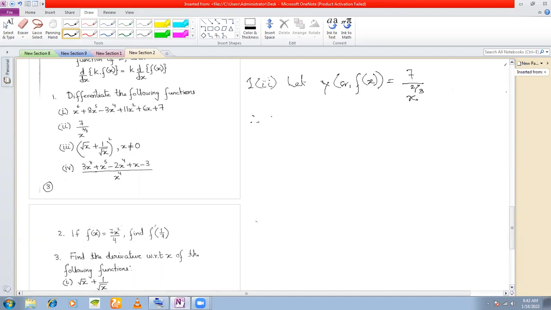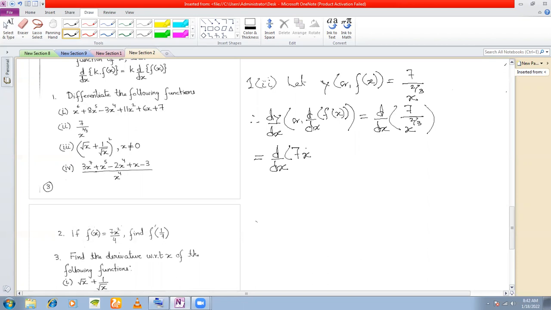Okay, so therefore dy/dx or d/dx f(x) is written as d/dx of the given function 7 by x to the power of 2/3. Which now can be written as d/dx of 7x to the power of minus 2/3 from the laws of indices, right? Now 7 is a constant. You can take this out of the differentiation. You get 7 d/dx x to the power of minus 2/3.